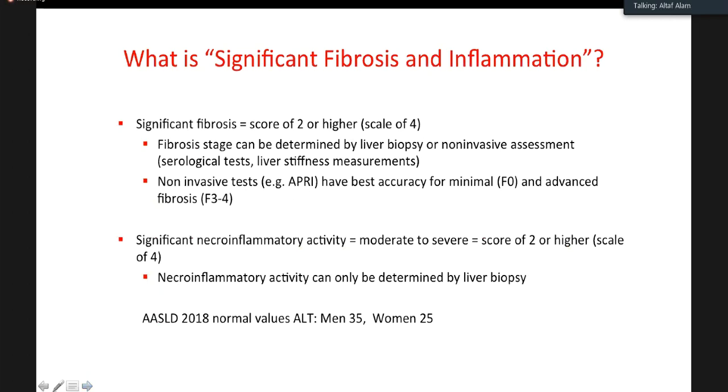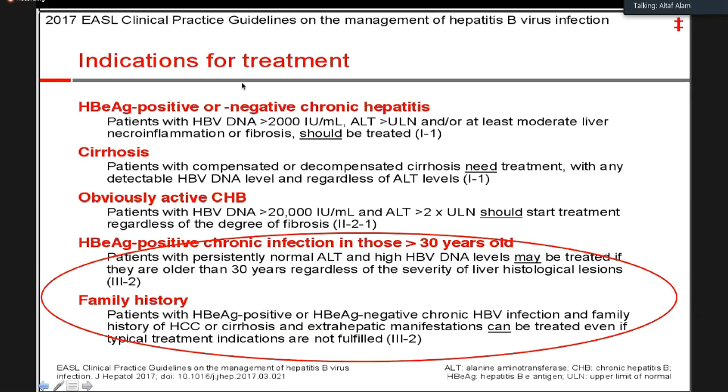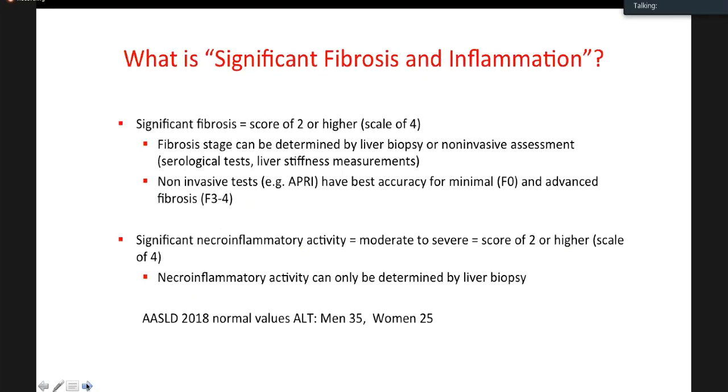In the previous slide, EASL recommends E antigen negative or positive, more than 2000, ALT more than upper limit of normal, if they have significant fibrosis or inflammation, they should be treated. What is this? Any fibrosis score equal to or more than 2 is what we call significant fibrosis, whether checked by elastography, fibroscan, or liver biopsy.